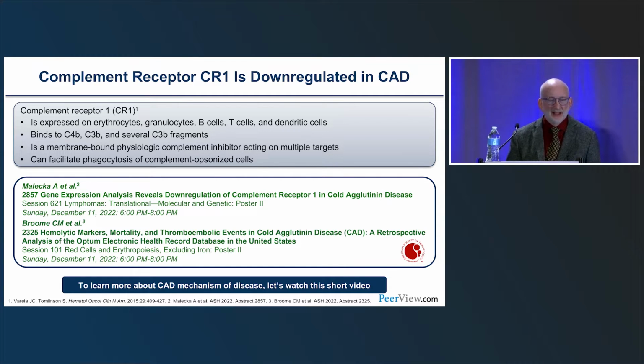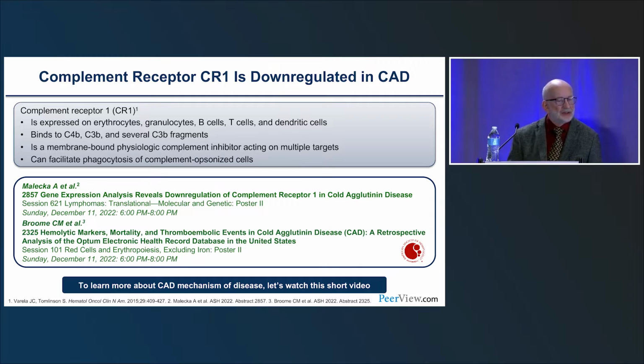So it has multiple targets and multiple effects on the complement system. And as I said, this is a new finding, and we do not yet know the clinical and hematological consequences.